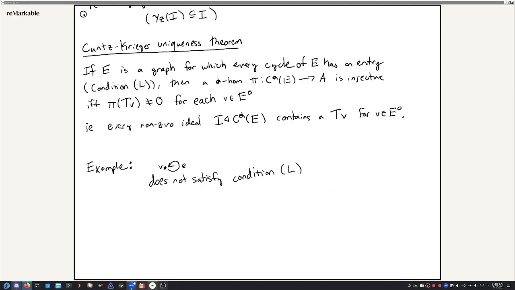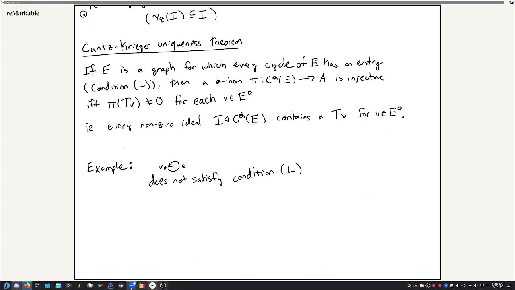So it doesn't satisfy condition L. So I can't apply Kunz-Krieger uniqueness. And I know I can't apply Kunz-Krieger uniqueness because I can come up with a non-zero ideal which doesn't contain the vertex projection.